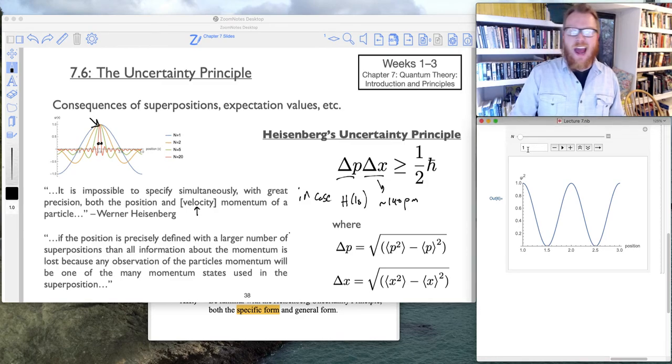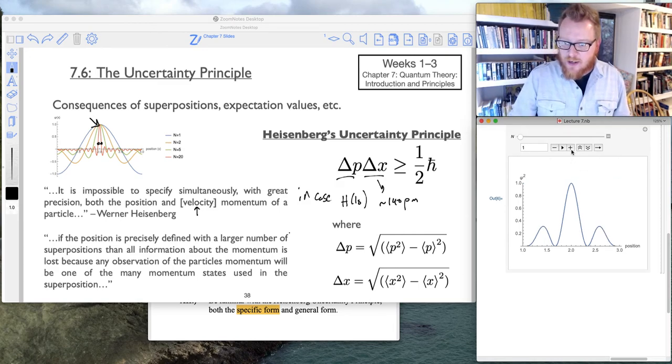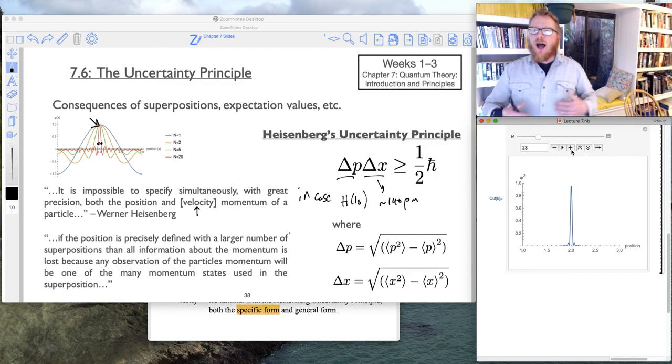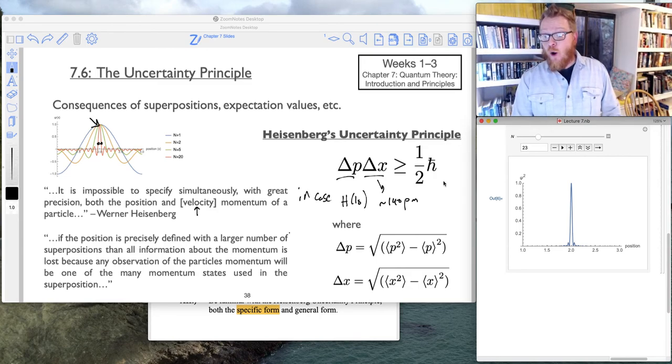Here, maybe I only have a wave function defined by one superposition, but as I add more and more, I get a more precise observation of where the particle is.